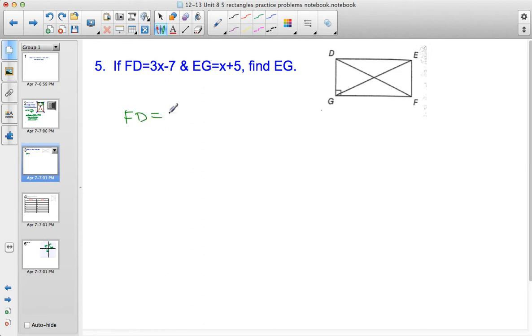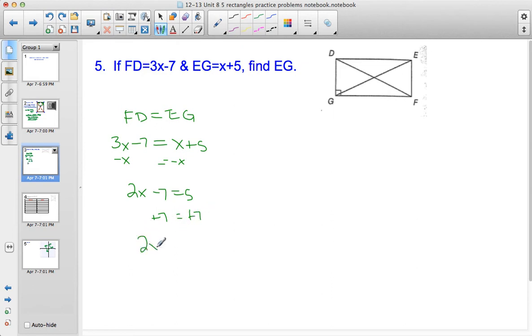So I substitute with the information I have and just solve. So I'll subtract x from both sides, and that will give me 2x minus 7 equals 5. Next, I'll add 7 to both sides, opposite sides of the equal sign. So it gives me 2x equals 12.